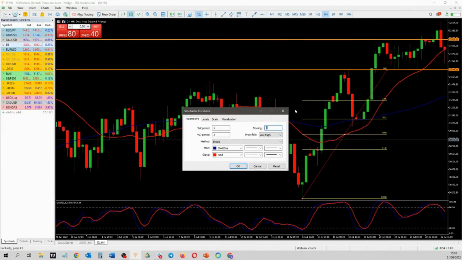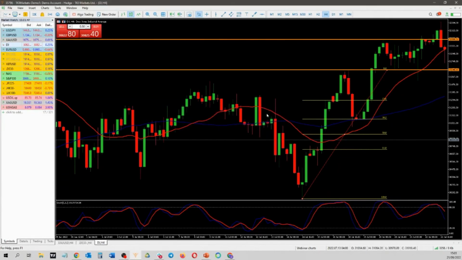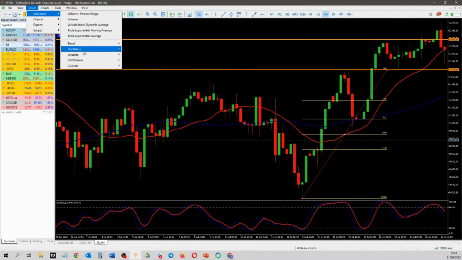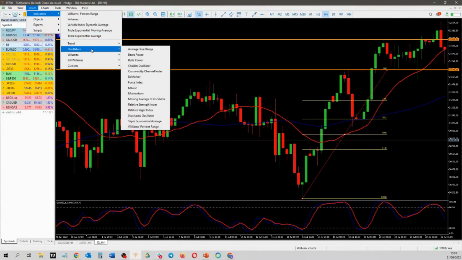Stochastics 5, 3, and 3. You can add it to your chart by going Insert, Indicators, Oscillators, and Stochastics is here. That's part of every MetaTrader package, you can find it in there.